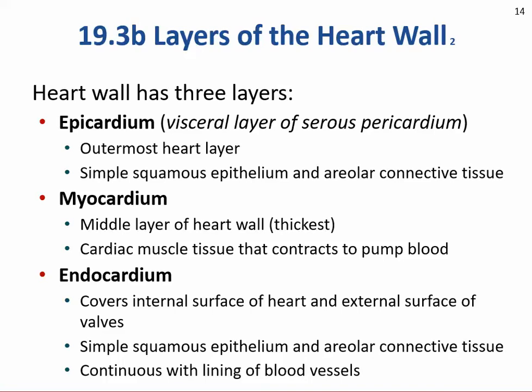Now, the entire circuit is lined with the same tissue. In the heart, it's called endocardium. In the blood vessels, it continues into the endothelium of the blood vessels. The same tissue, just different names.